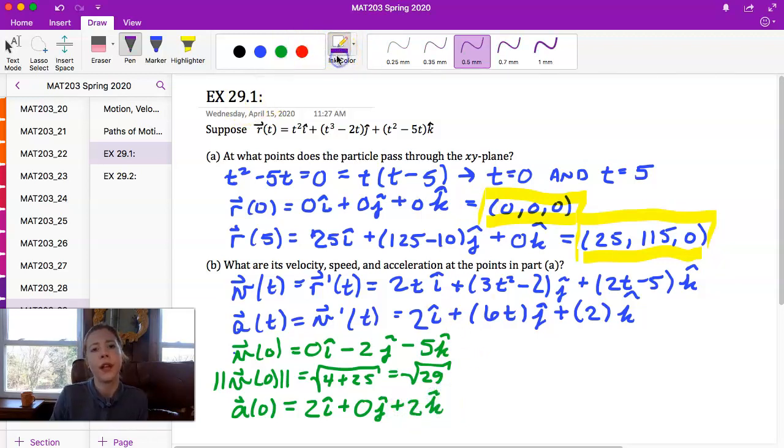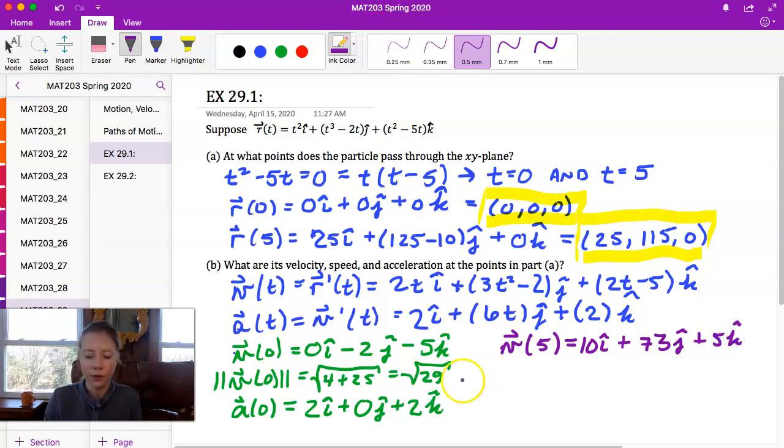Lastly, let's try t equals 5. The velocity at t equals 5 is 2 times 5, so 10 i hat, plus 5 squared is 25, times 3 is 75, minus 2 is 73 j hat, plus 2 times 5 is 10, minus 5, so 5 k hat.